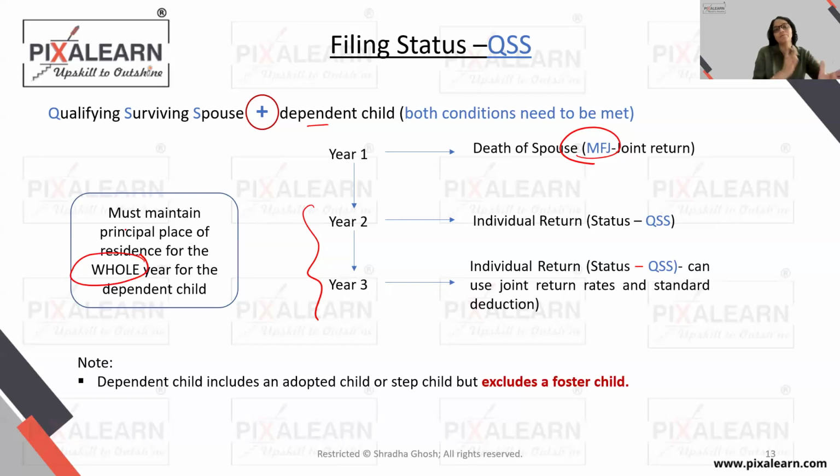So if the spouse has died, then for 2 years after the year of death, provided the person does not remarry, you can choose the status as qualifying surviving spouse, provided for the full year you are maintaining a house for a child who's dependent on you. So here the dependency provisions become important. And please remember, this is the only provision where a child's definition will exclude a foster child.